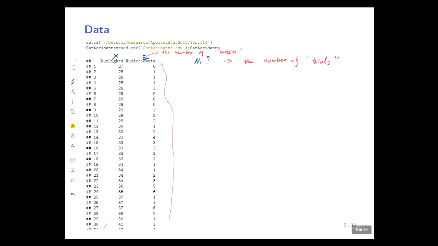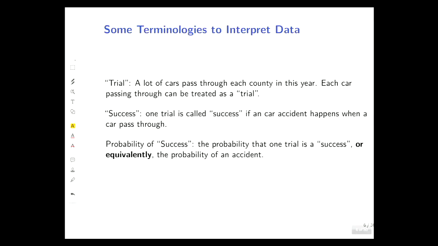Here we do not have this in our data set. So a very natural question is, if we do not have M, how do we model Z, the number of car accidents? Because for the binomial logistic regression model, we need to know the information of M, but here we do not have it in the data.